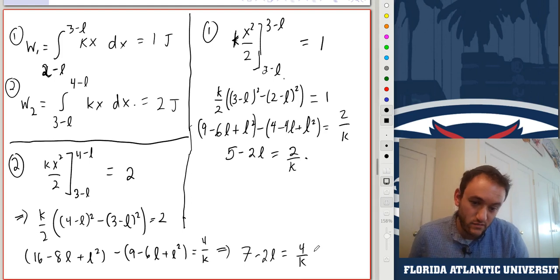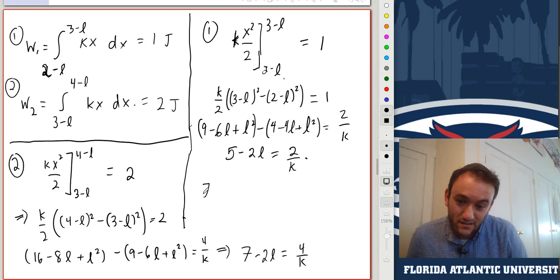All right, so this is clearly twice 2 over k, so that means that 7 minus 2L is equal to twice (5 minus 2L).